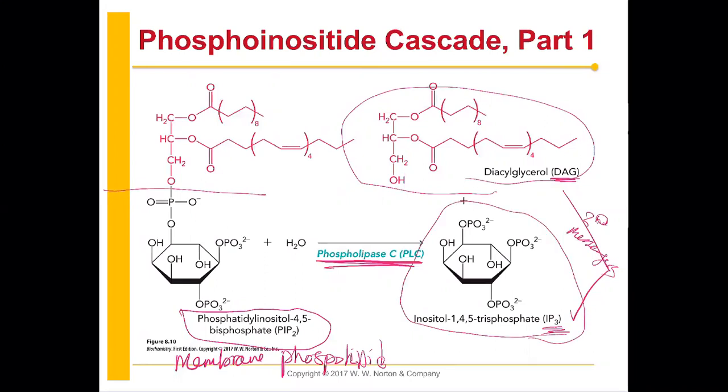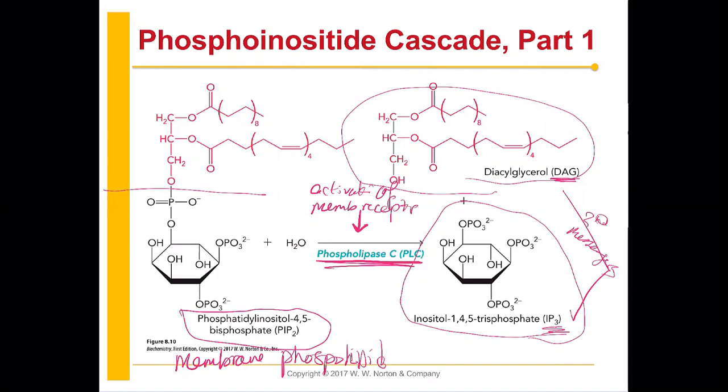The enzymatic activity of our phospholipase C is going to be regulated by the activation of a membrane receptor. So you have activation of a membrane receptor that activates phospholipase C, which then creates these secondary messengers. So you're seeing the cascade happening here.